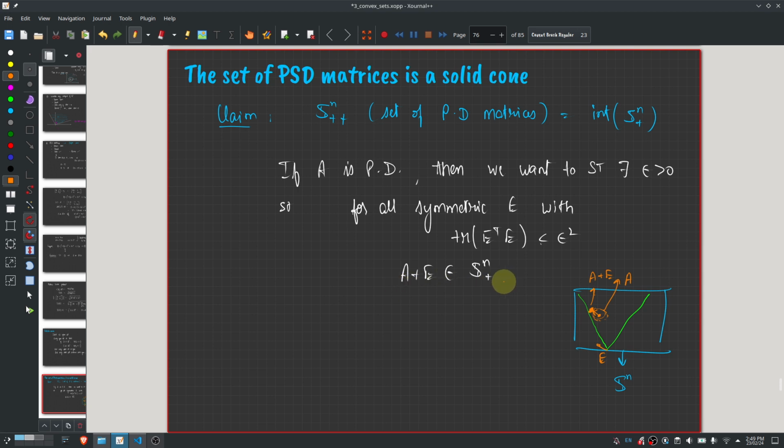We want to show this particular statement. So suppose that I start with a positive definite matrix A. What do I know? I know that all the eigenvalues of A are strictly greater than 0. Okay. So let us say that lambda 1, lambda 2 up to lambda n are the eigenvalues of this particular matrix A, and suppose that V1, V2 up to Vn are the corresponding orthonormal eigenvectors.